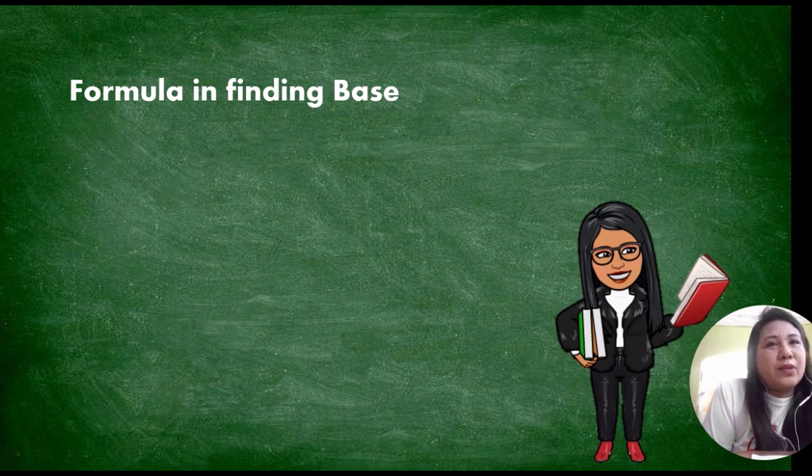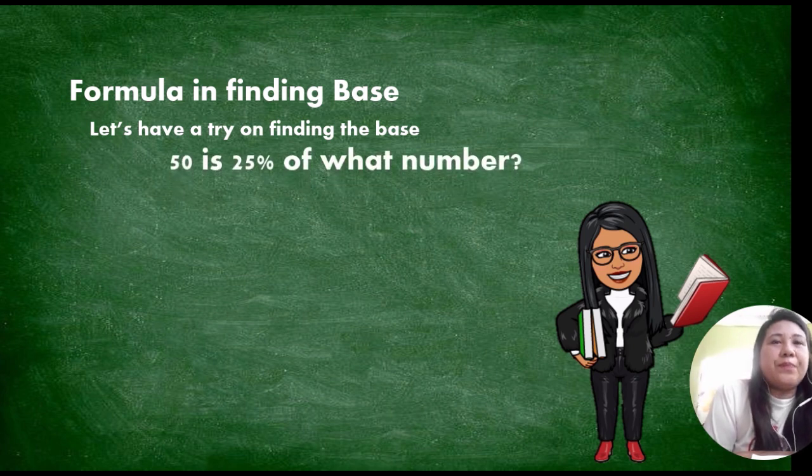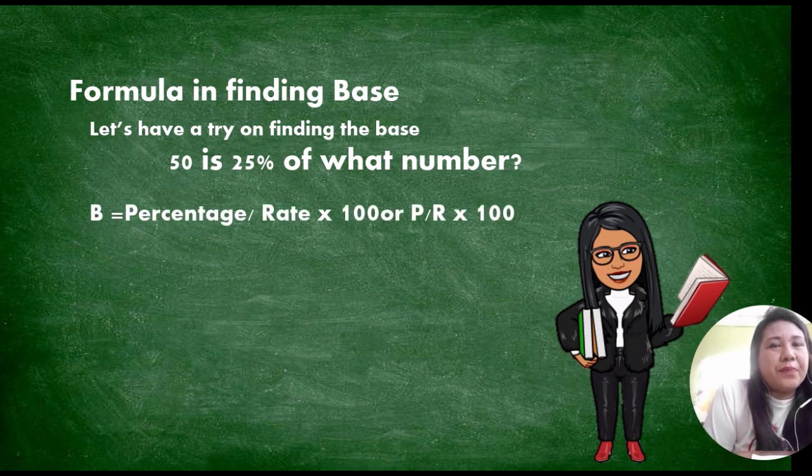Before we learn about the formula in finding the base, let's have a try on finding the base. Example, 50 is 25% of what number? So we are going to use the formula B, which stands for base. B is equal to percentage divided by rate times 100, or P divided by R times 100.